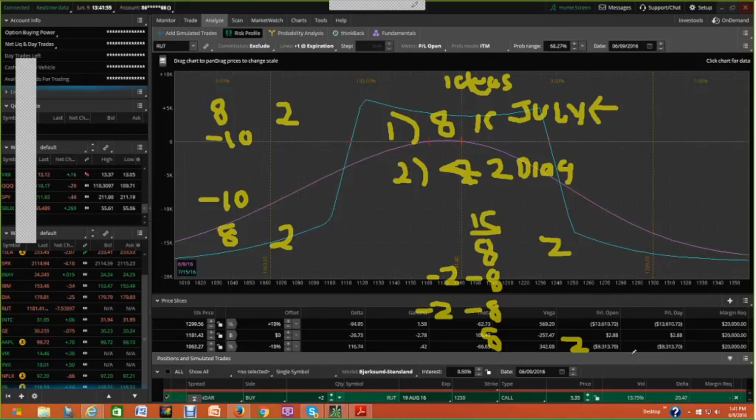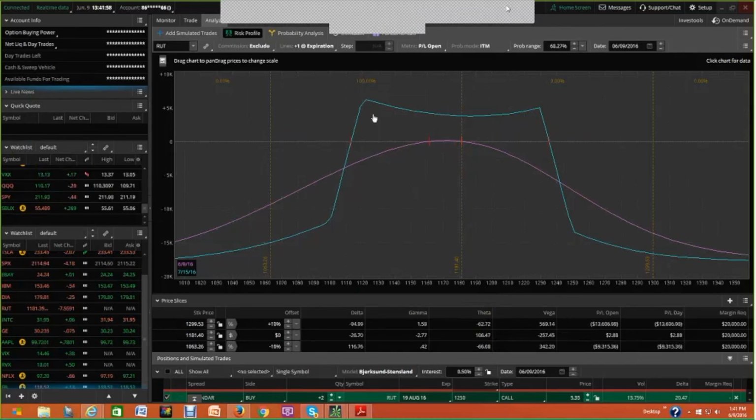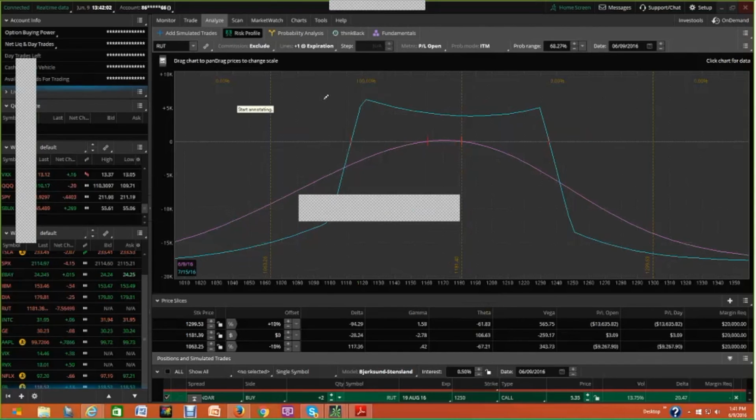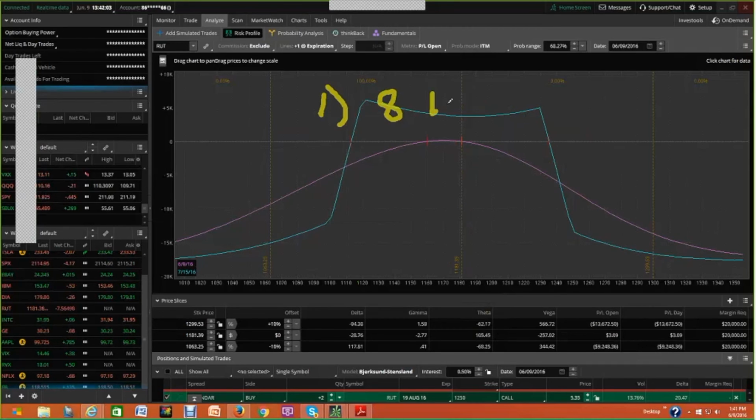I'll give you one more way of doing it, and then we'll call it a day. Another way you could do it is step 1, do your 8 iron condors. Step 2, do a calendar spread 2 times on the call side at the 1250 strike.